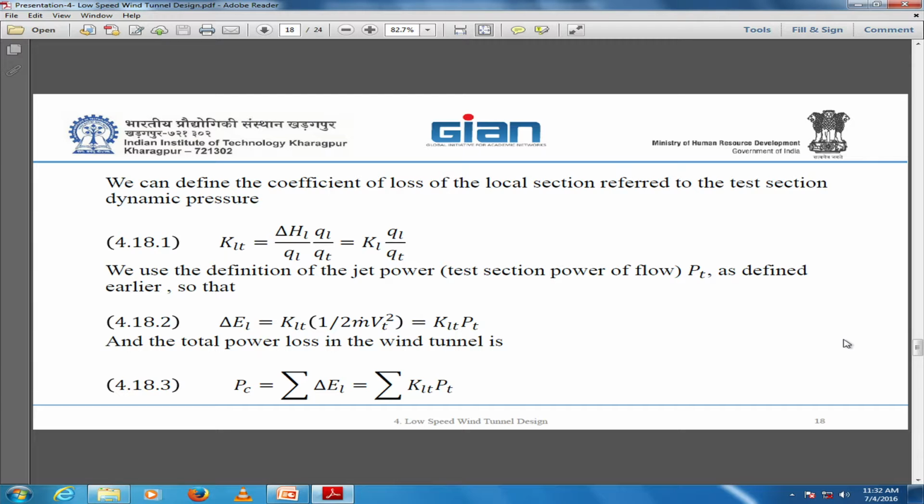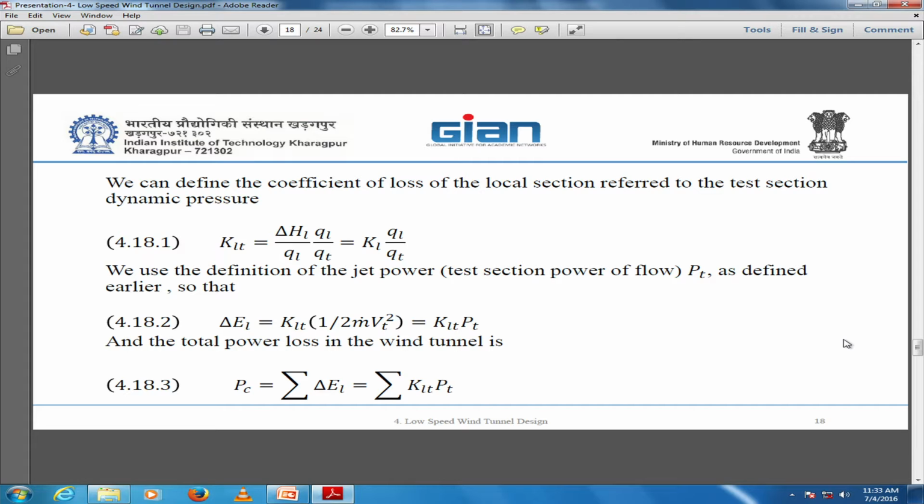In another way, we can write it as the next formula: 1 over the sum of all coefficients, which is a smaller number than 1, obviously. So you get an energy ratio bigger than 1. So that concludes the overall definitions, and now we'll get deeper into calculations of losses in elements of the wind tunnel.